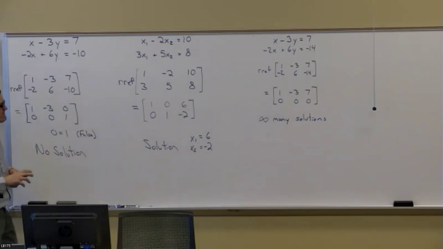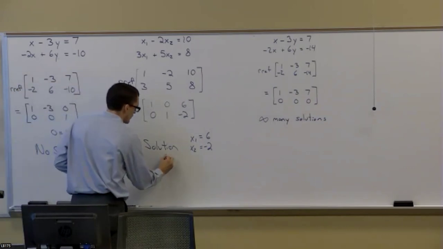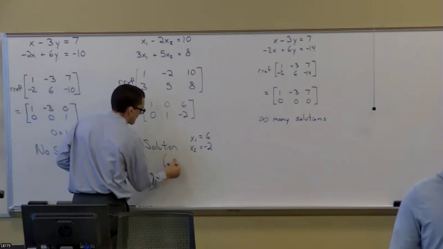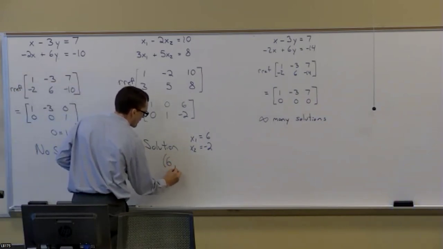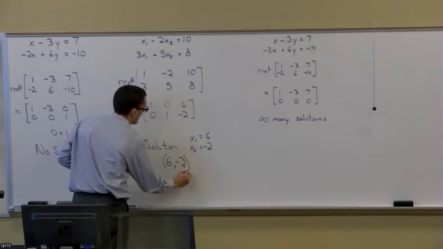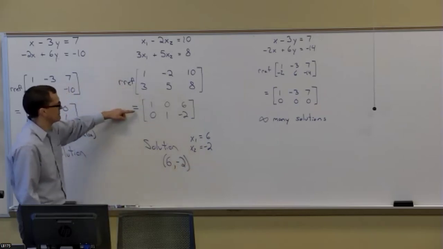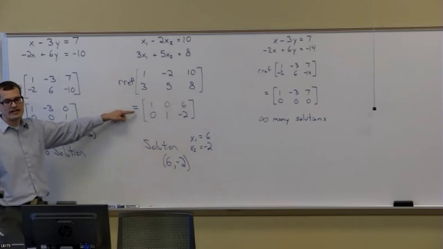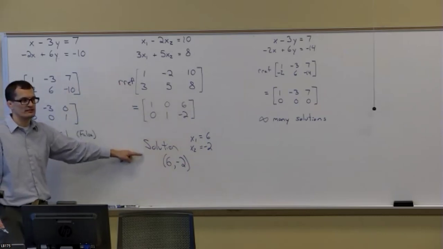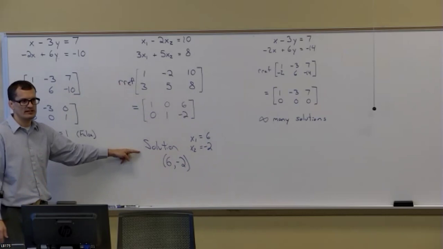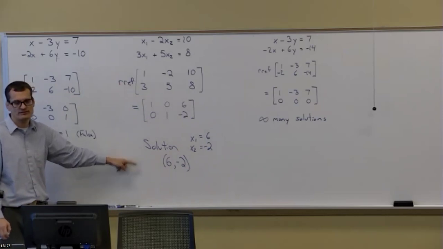Most of the time, our system will turn out to be this, where we get a unique solution, like 6, -2. We've done a lot of these where we have unique solutions.